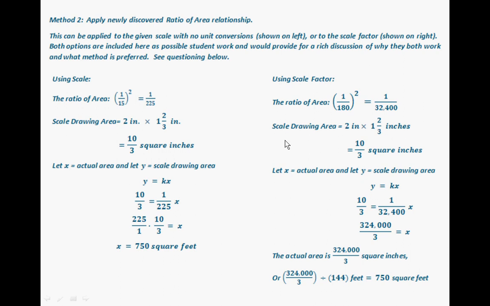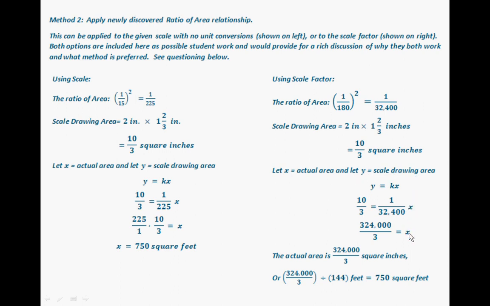If you're looking at the scale factor, it'd be 1 to 180 inches squared, which is a pretty big number, the scale factor being 1 to 32,400 inches. So the scale area drawing is 2 inches by 1 2/3, which gives us 10 square inches.